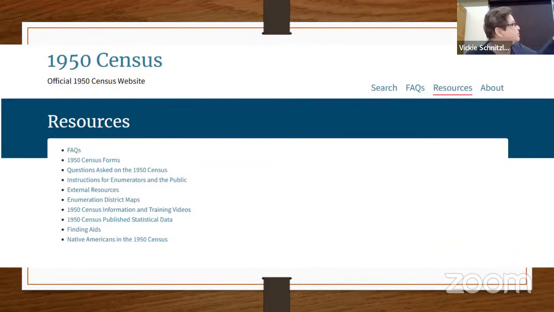Okay, here are some of the resources. And again, that's another section up on the top. It shows those frequently asked questions, all of the 1950 census forms. And again, that's probably where that infant form is, if you want to check that out. There are also the questions that were asked on the census, and you have a copy of those in your handout. Instructions for the enumerators and the public.